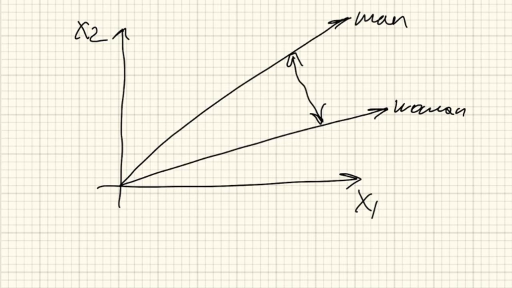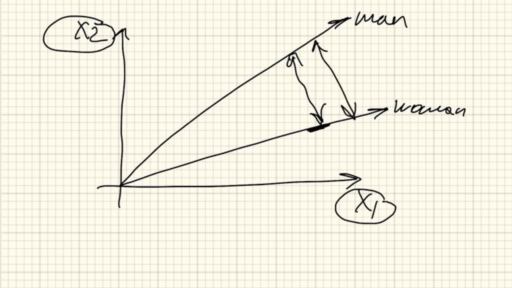Because each of these preferences indicates how much each of them likes x1 in relationship to x2. And they both exhibit different types of preferences. The larger the distance between them, the more different they are in terms of their preferences.